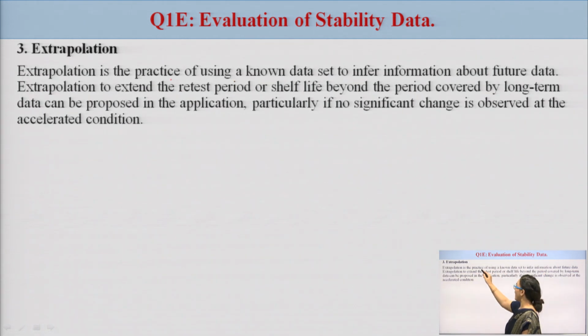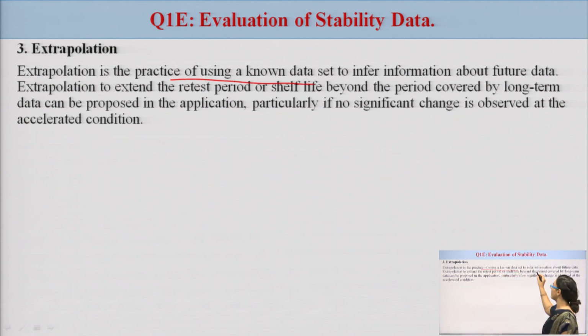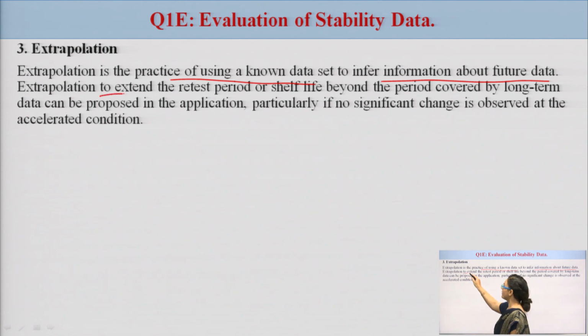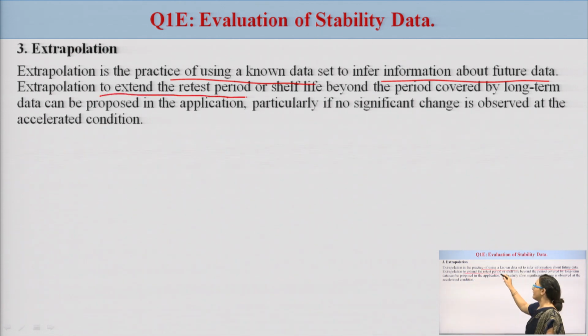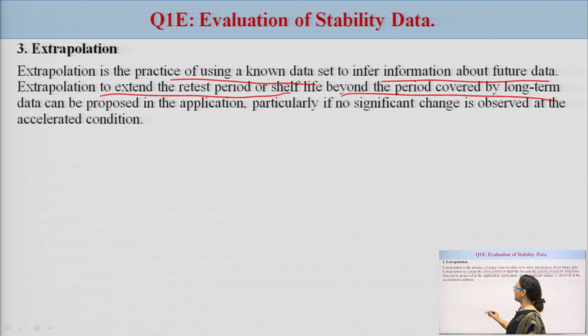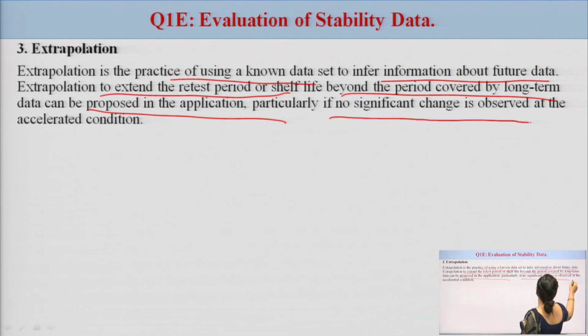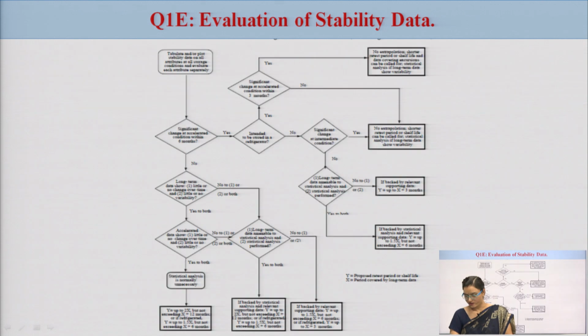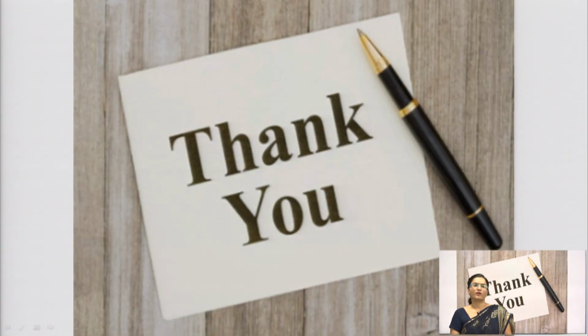Extrapolation is the practice of using a known data set to infer information about future data. Extrapolation to extend the retest period or shelf life beyond the period covered by long term data can be proposed in the application, particularly if no significant change is observed at accelerated conditions. Okay, thank you.